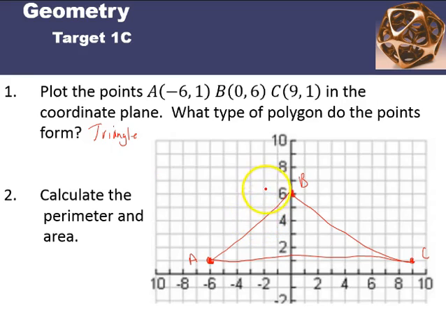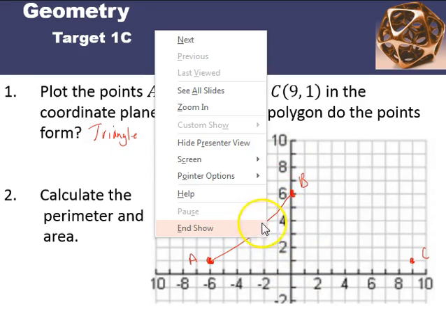And then for problem number 2, we have to calculate the perimeter and the area. So remember, the perimeter is, I'm going to straighten this side out a little if I can. Whoops, let me try that again. That didn't make it any better.